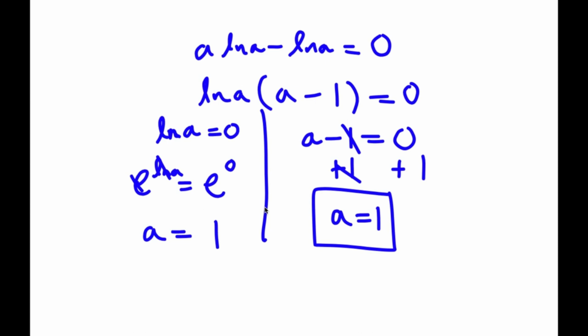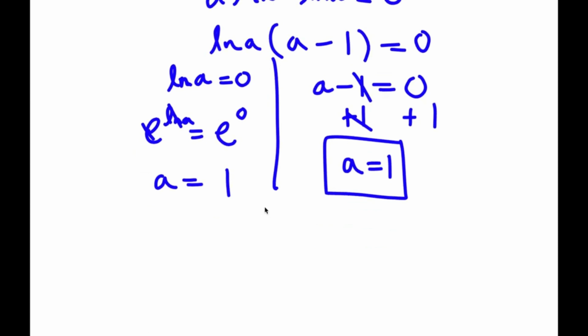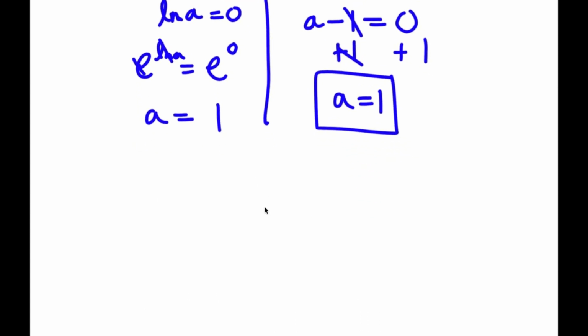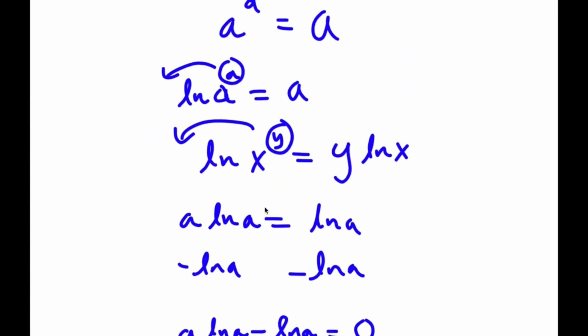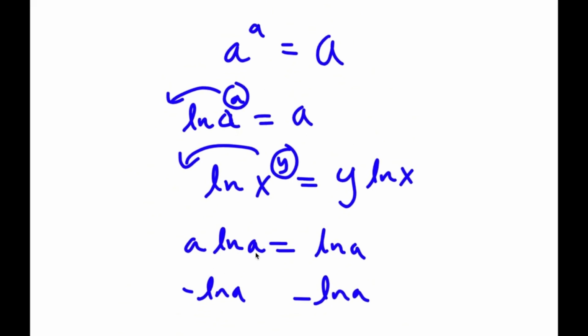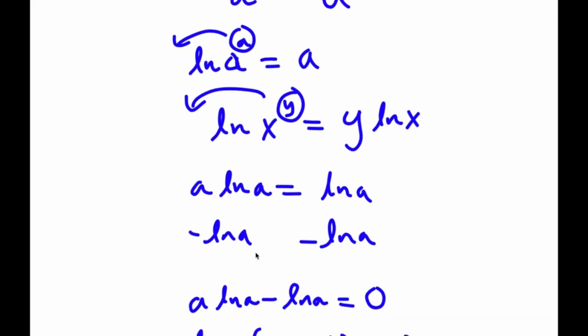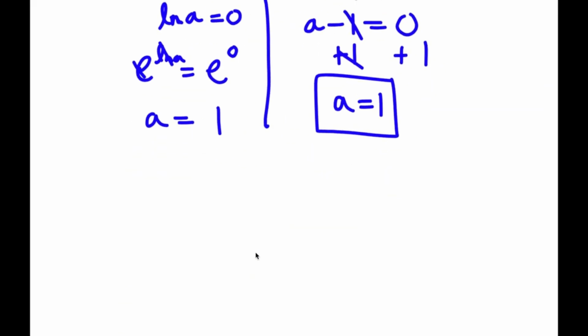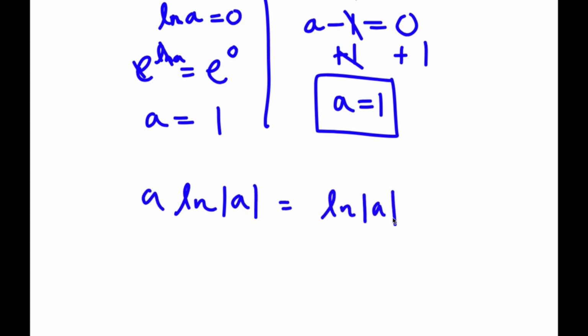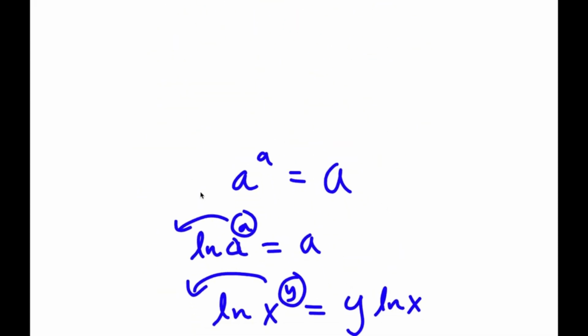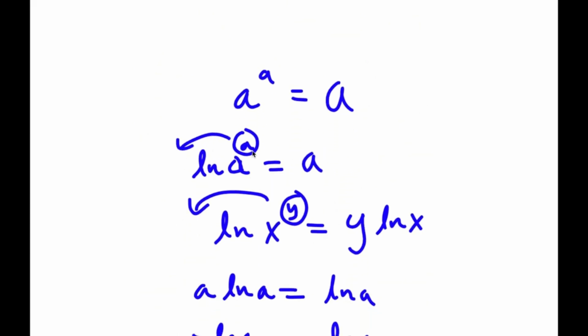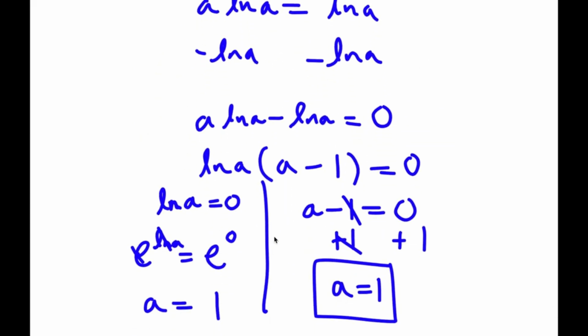Because there is another solution, instead of simply taking ln, I'm going to take ln of the absolute value on both sides. So now I have ln of the absolute value of a to the power of a is equal to ln of the absolute value of a. Over here, I only took the ln normally, but now it's the absolute value.